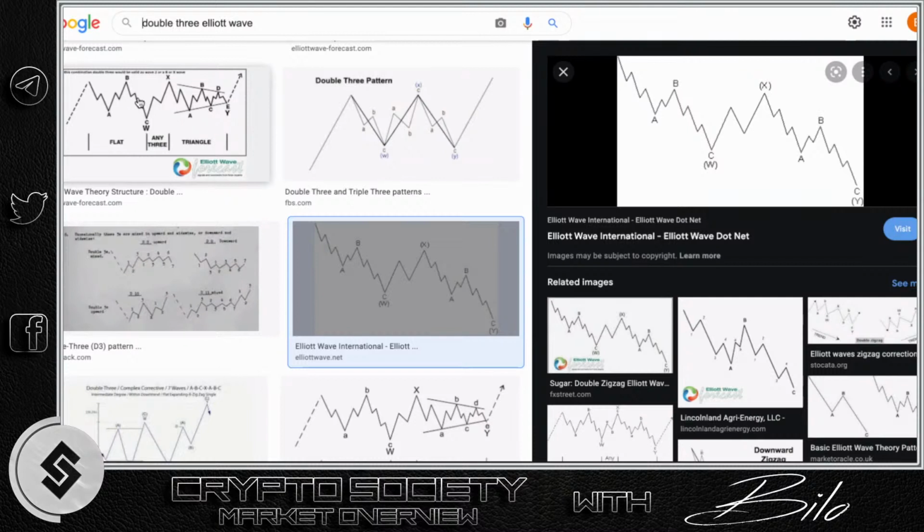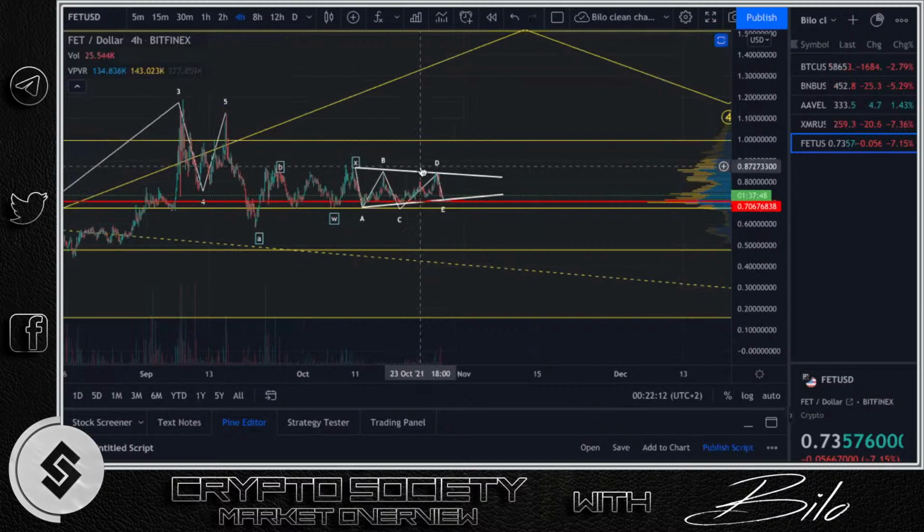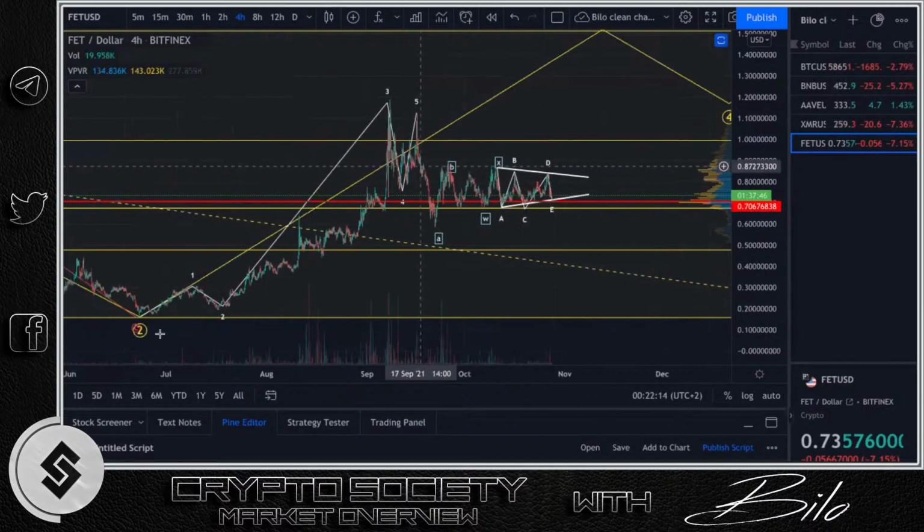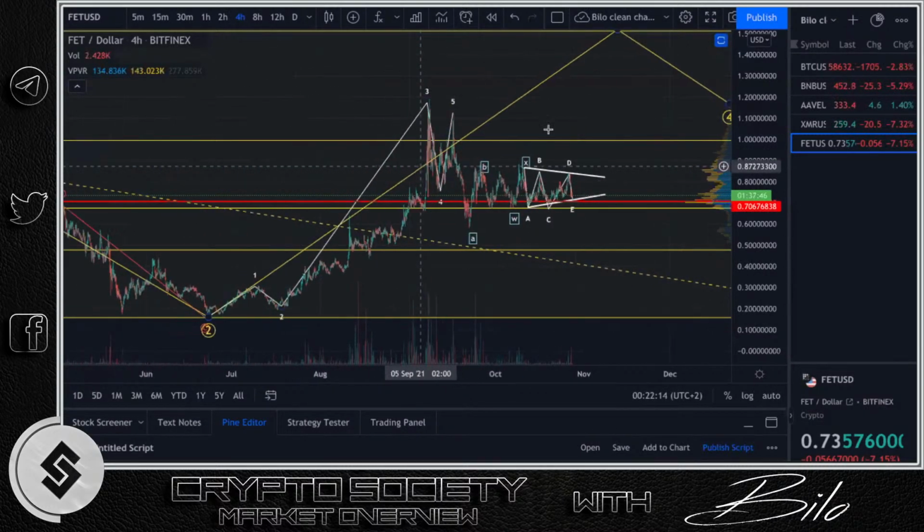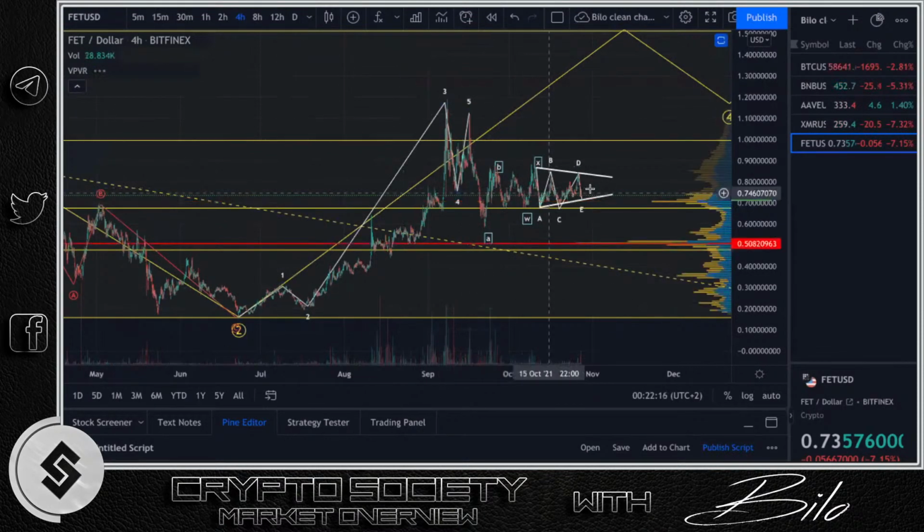It's a corrective move. It's called exactly a double three corrective move. So this could have come from on top or it could have come from the bottom. Depends on the direction you're going. In this case, since we're going up, since wave 5 is finished, technically we could be starting a new wave going down.